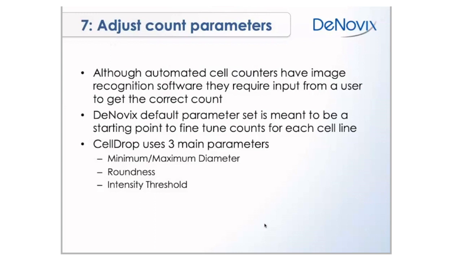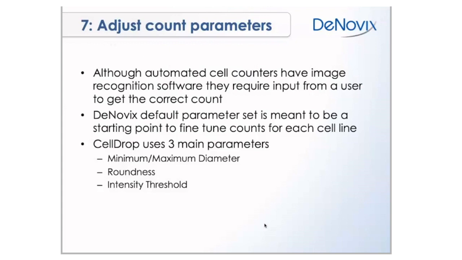They're able to do image recognition on their own, but they do require the users to be the final experts on the cells, to look at the counts that are coming from default parameter sets that are loaded on the instruments when they're shipped, and tweak those default parameter sets and set what we call protocols for particular cell lines.